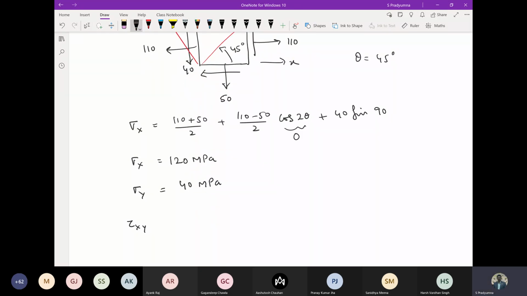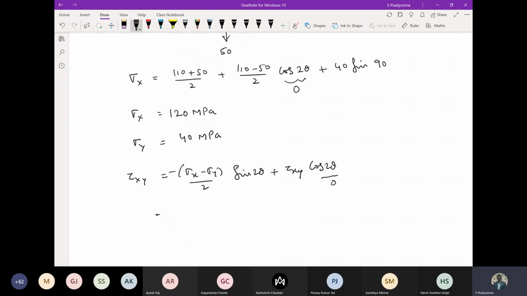Tau xy is equal to minus of sigma x minus sigma y by 2 sine 2 theta plus tau xy cos 2 theta. The cosine term will be 0. Therefore, I get minus of 110 minus 50 by 2, that is equal to minus 30 megapascal.